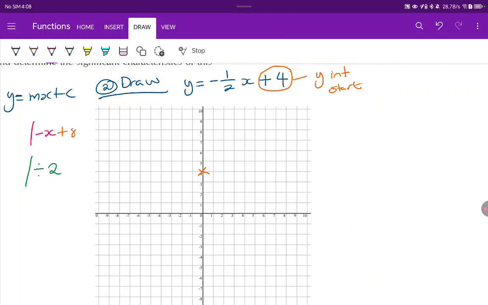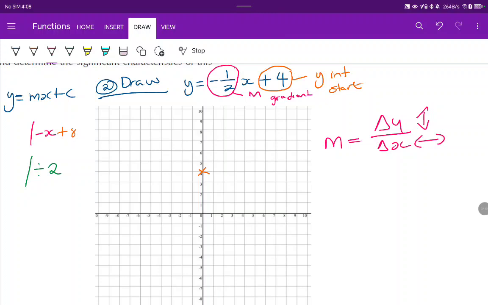Now over here, I have my gradient, m. If you remember, m is equal to your change in y divided by your change in x. What this means is that our y change possibilities can be up, down, and our x can be left, right.